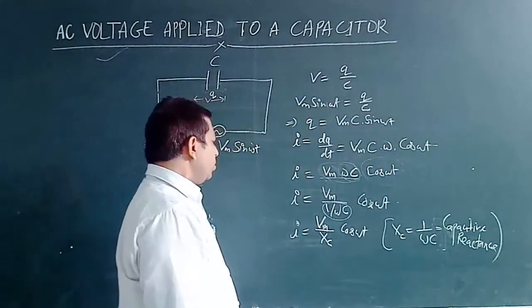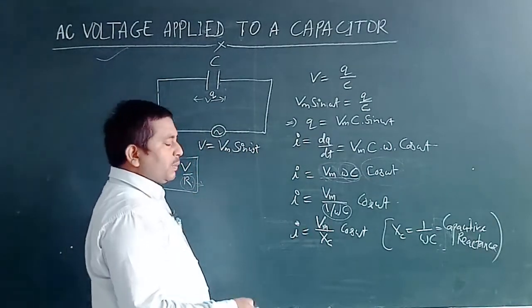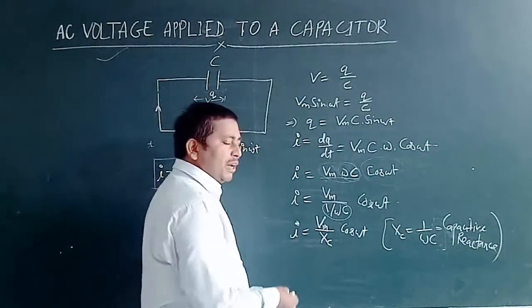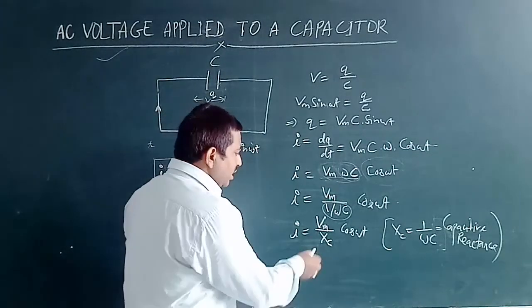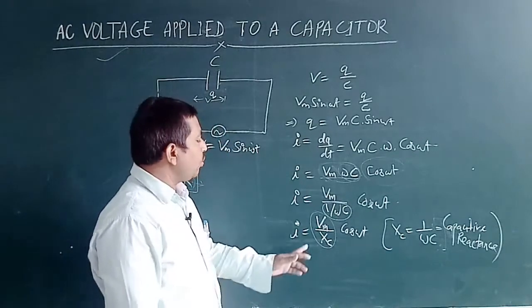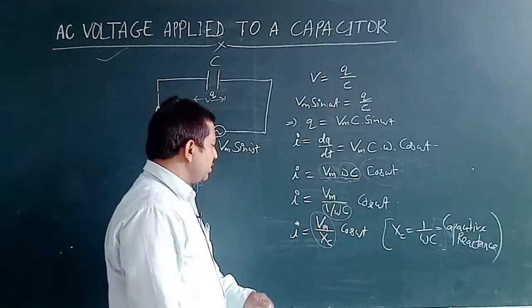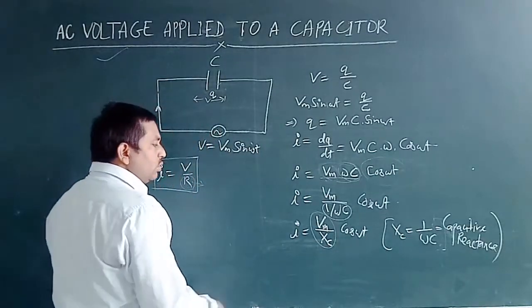Okay, so as we know, I varies its value with respect to time. If the maximum value of the current is Im, then this Vm by Xc can be written as Im, because when the potential becomes Vm, the current also reaches its maximum value.